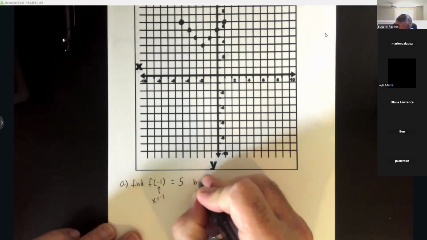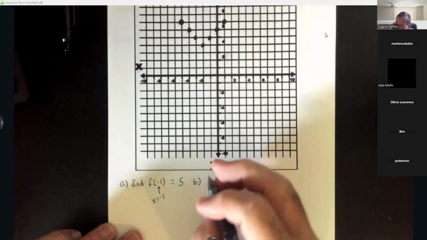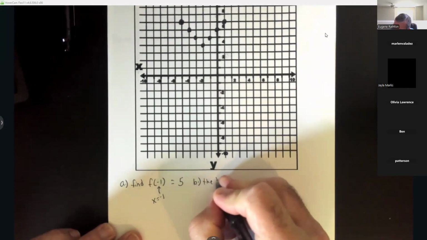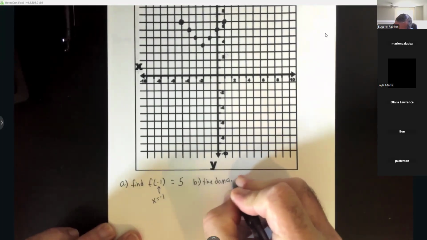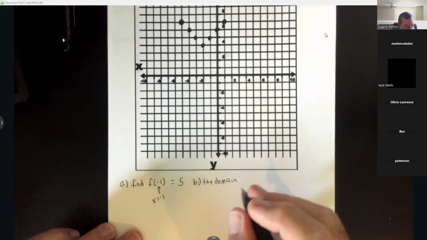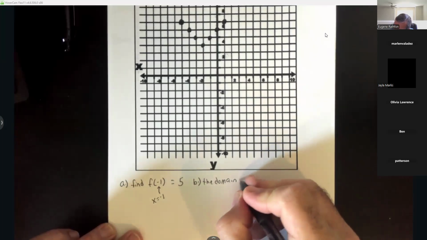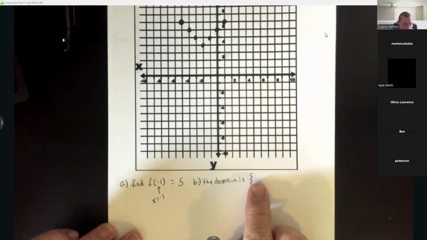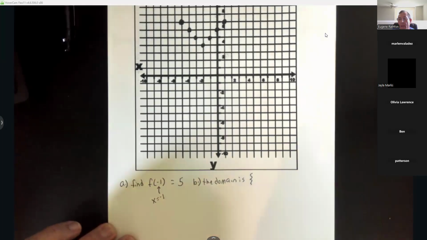All right, y'all, for B, they want us to find the domain. Now on the domain, they're going to give you the little squiggly curvy parentheses. And all we got to do is put in all those x values separated by a comma.